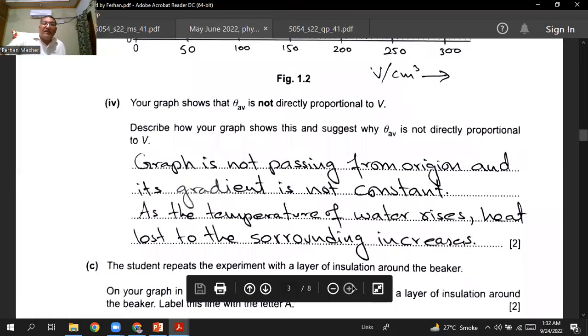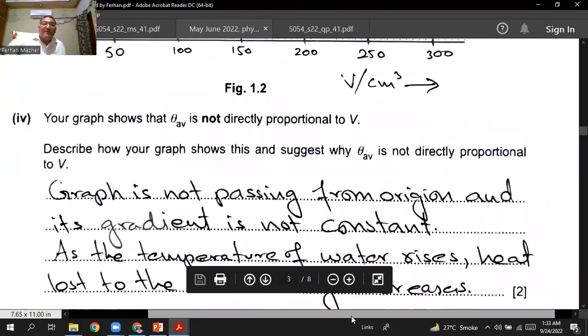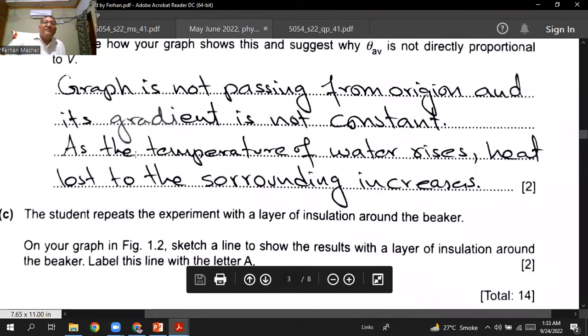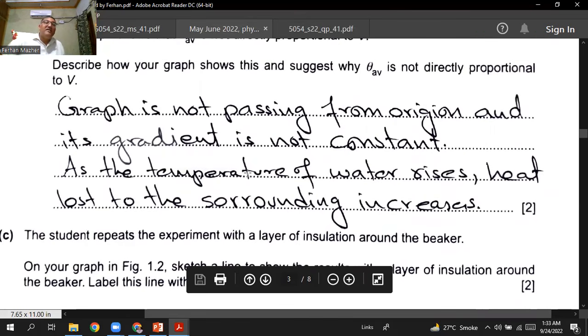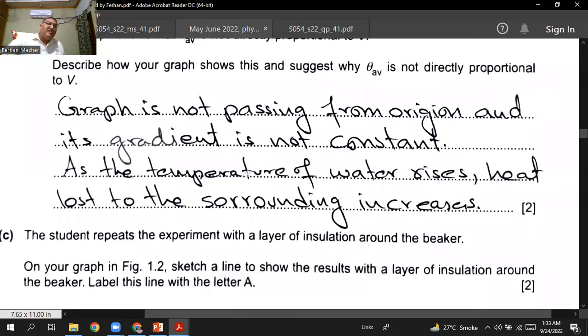So let me show you the answer. I've written the answer. Graph is not passing through origin and its gradient is not constant. As the temperature of the water rises, heat lost to the surrounding increases. So why is this? As the temperature rises, the water in that beaker becomes hotter and hotter.